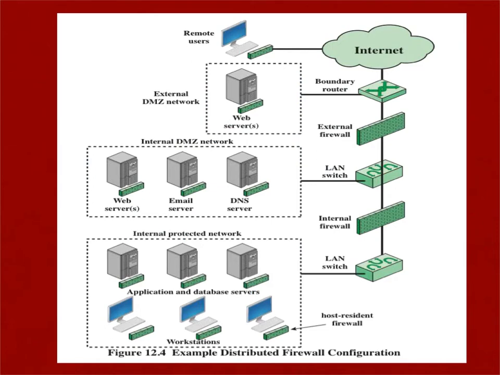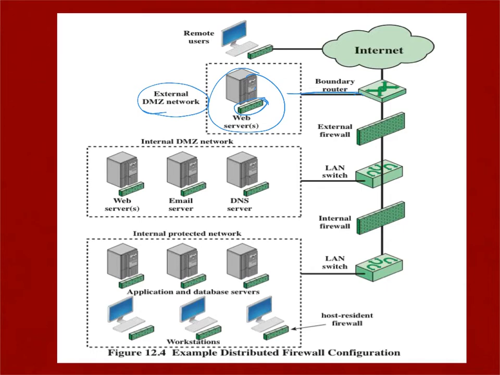This is another deployment configuration which provides host-based firewalls. If I have host-based firewalls, which means I have a software process that runs on every single host, then I can take that into account and use an external DMZ, or demilitarized zone. In the boundary router, I can connect a web server, and this web server is usually very highly accessible. This is the main web server of the company that represents the company, right?